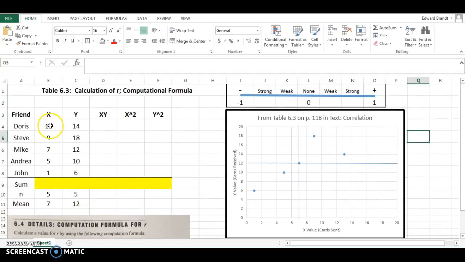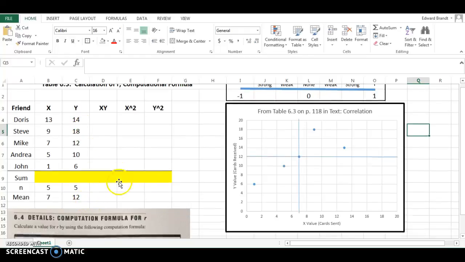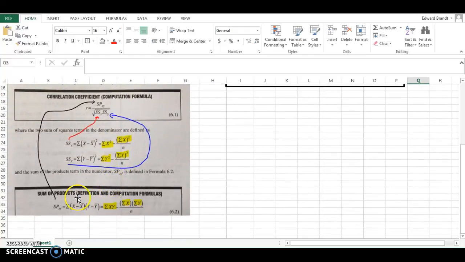Which means I'm taking a look at 13 and finding the difference from the mean, which the mean of these values was 7. And I'm taking a look at this value that again is aligned with the 13 and finding its difference from the mean. That's what's going on for each of, in this case, the 5 values. And you're multiplying those differences together and then adding those up.